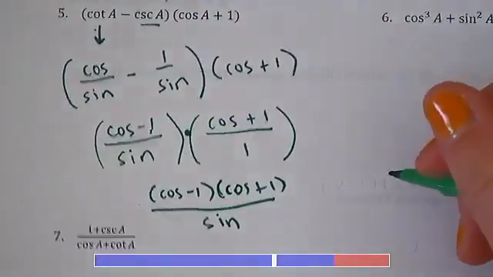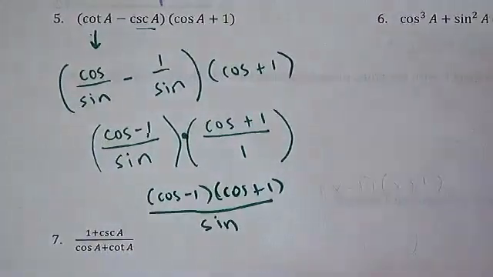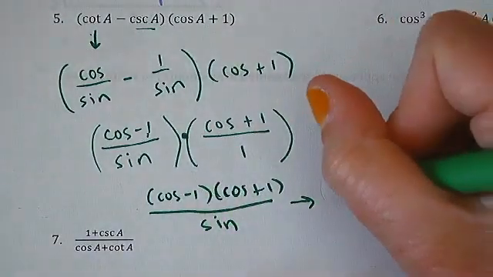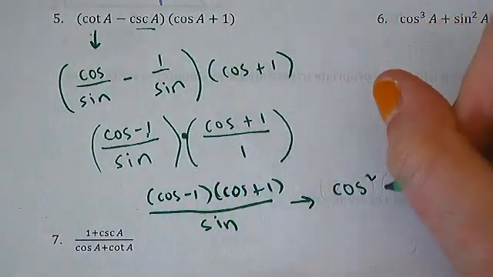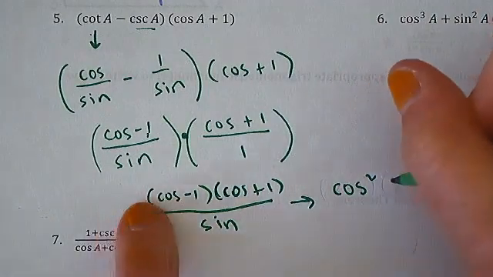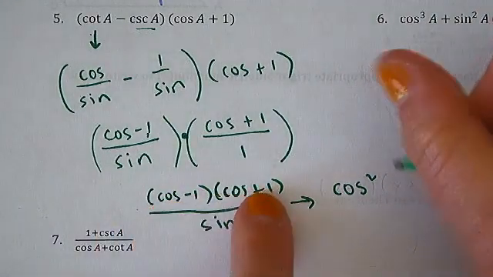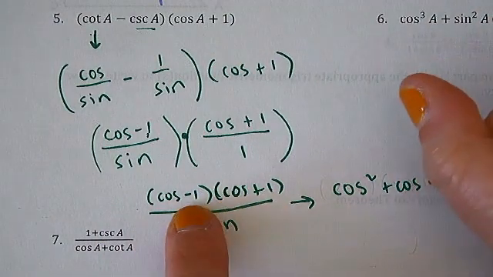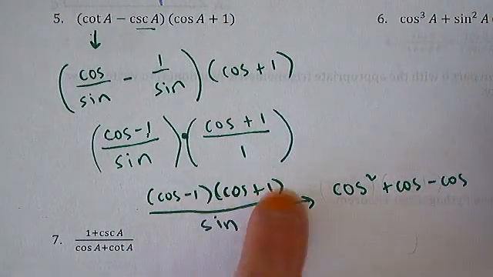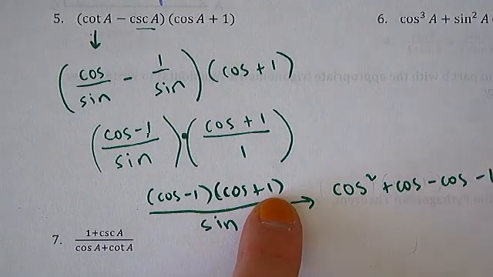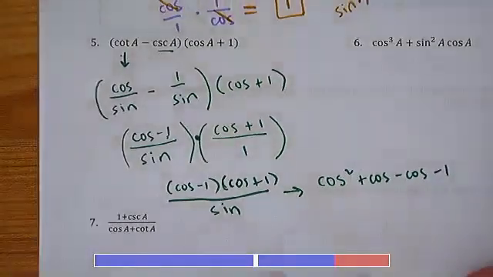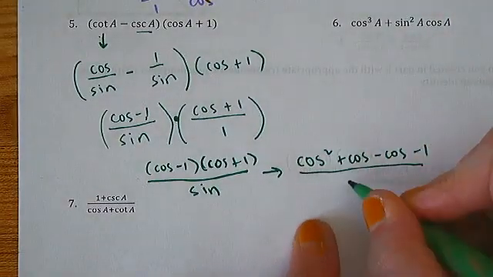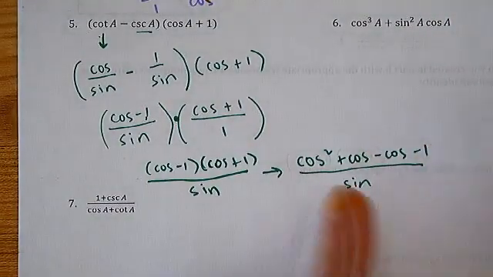Zoom out a little bit. So when you multiply this all out, you get cosine squared, cos times cos, and cos times 1, then cos times -1, and -1 times 1. That's what I have for my numerator. And it's all over sine.